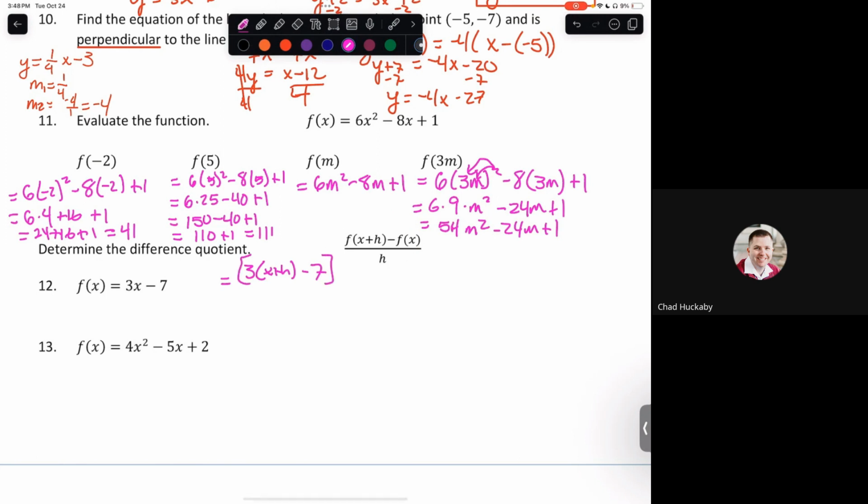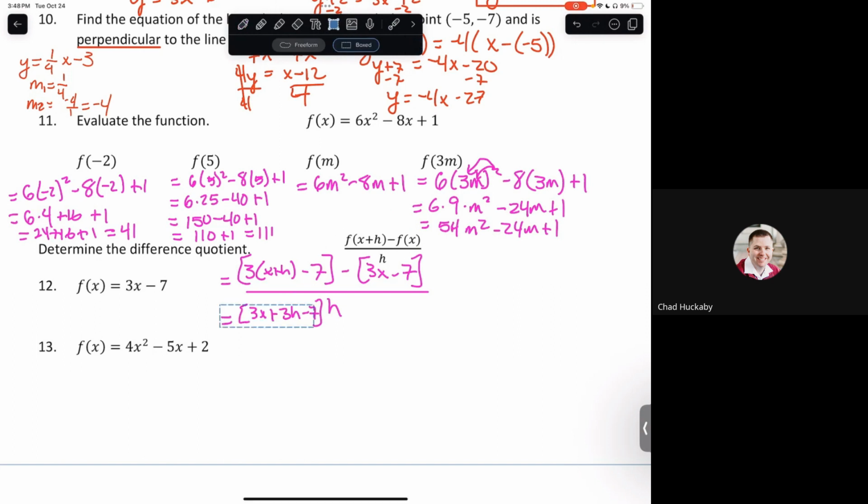That's the first part. Minus f of x, which is just 3x minus 7, all over h. Okay? So we can distribute, and we get in the first bracket 3x plus 3h minus 7.